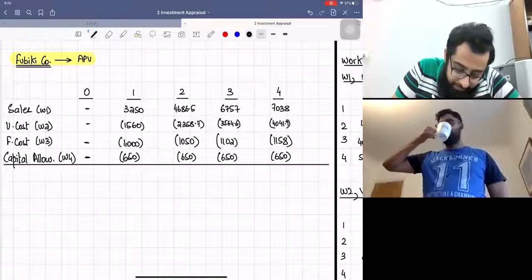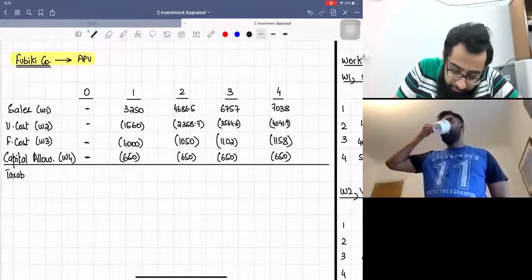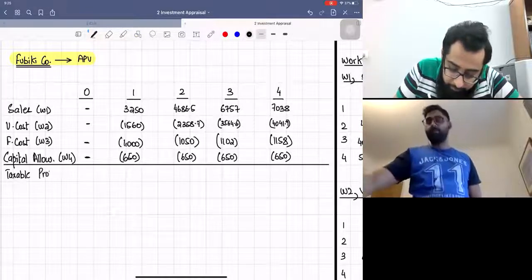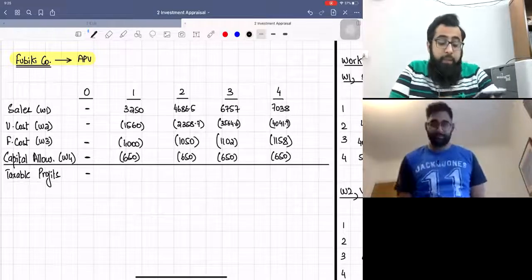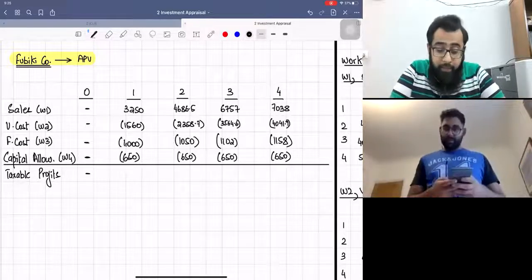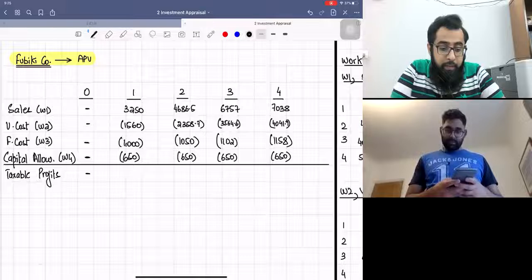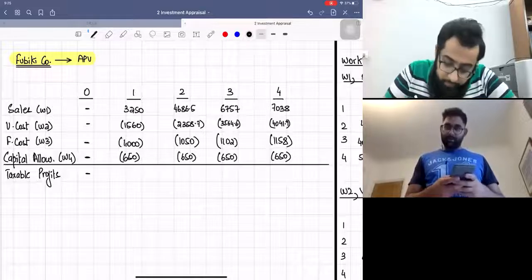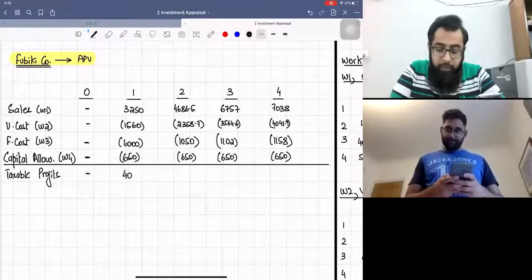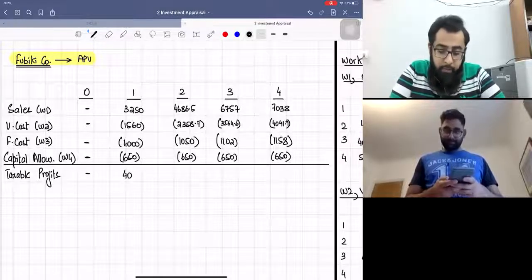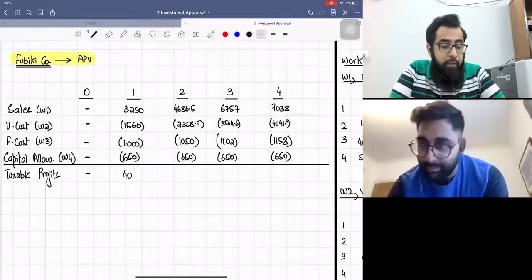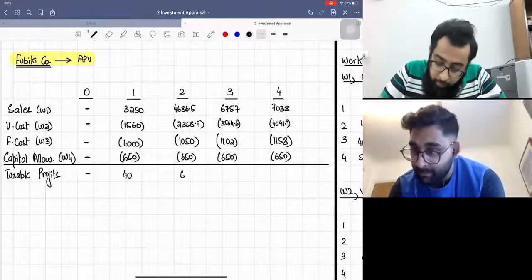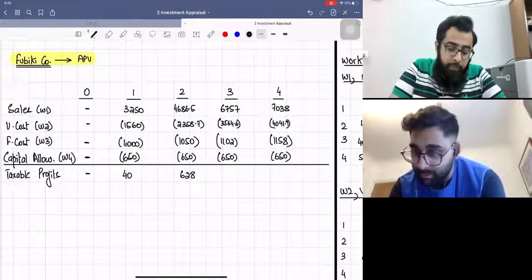Now, this will be my taxable profits. I'll start from year 4. 4686 minus 2358 minus 104.9, 628, 650.